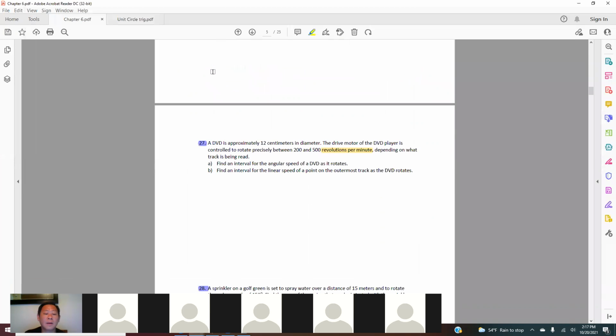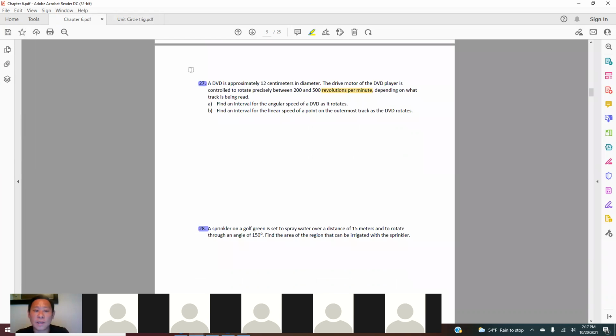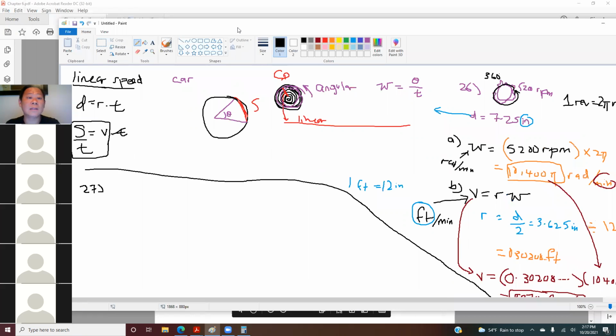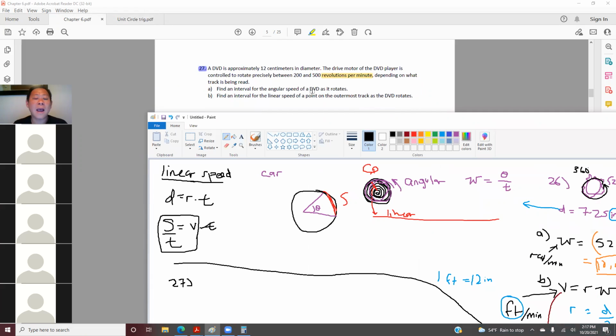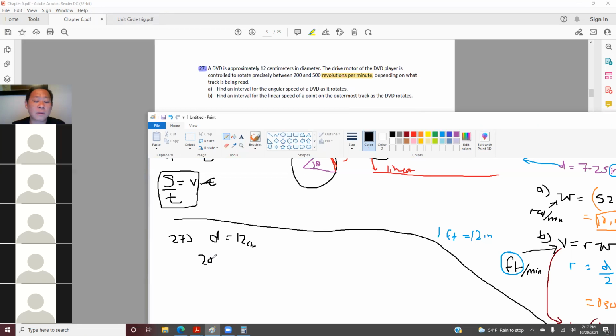Number 27. I want you guys to do the same thing. This is very similar to number 26. It says that you got a DVD player, and the DVD has a diameter of 12 centimeters. The DVD reads between 200 to 500 RPM, depending on what track is being read.